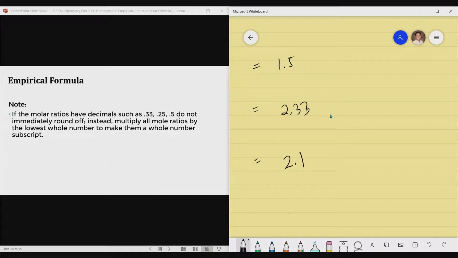Looking at these, 1.5 has 0.5 and 2.33 has 0.33. According to the rule, if they have exact decimal numbers like 0.5, 0.33, or 0.25, you should not round off. Instead, multiply all the mole ratios by the lowest whole number.